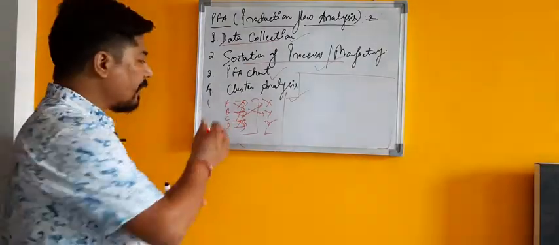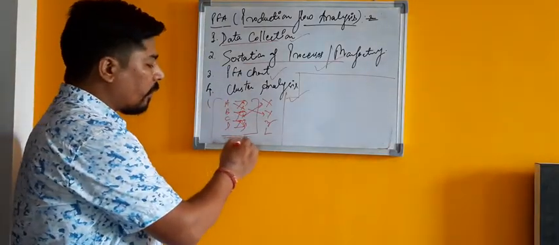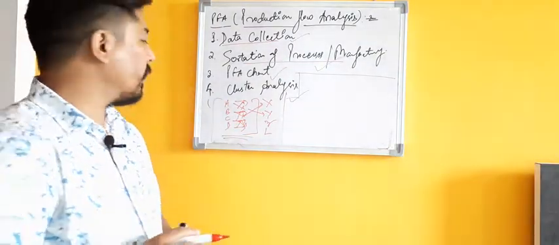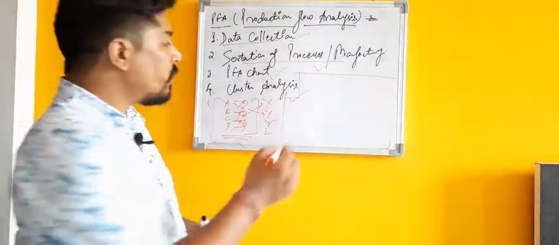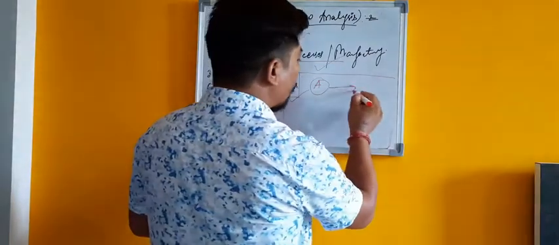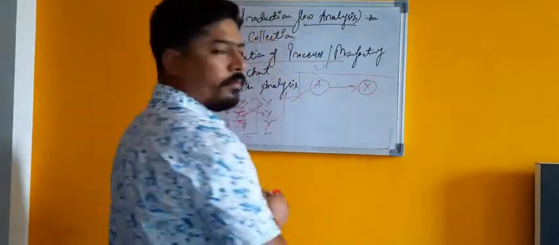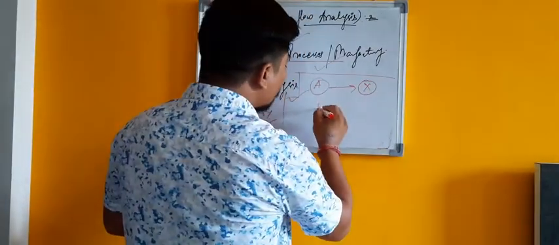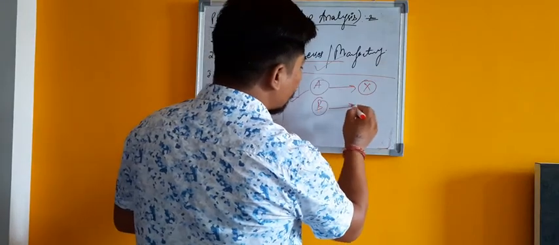Sortation means which component is manufactured with the help of which process, and how many components are manufactured with the help of how many processes.